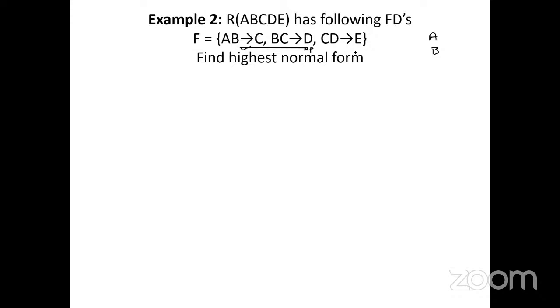So whether it is considered a partial dependency or not, intuitively it is partial, because it's not the full key, like it's not ABC determining D or anything like that.